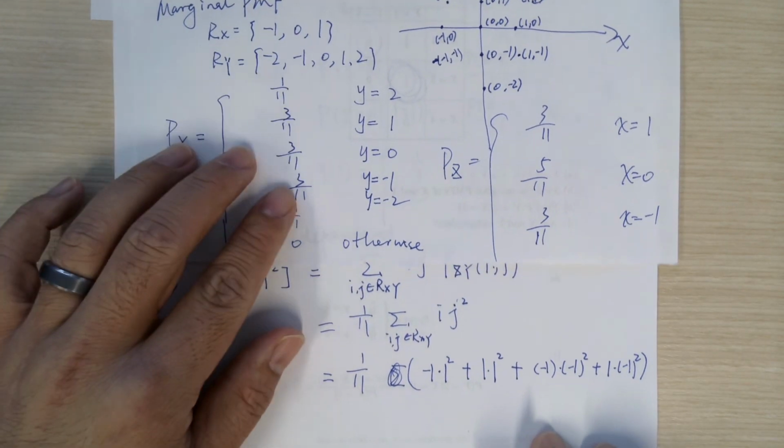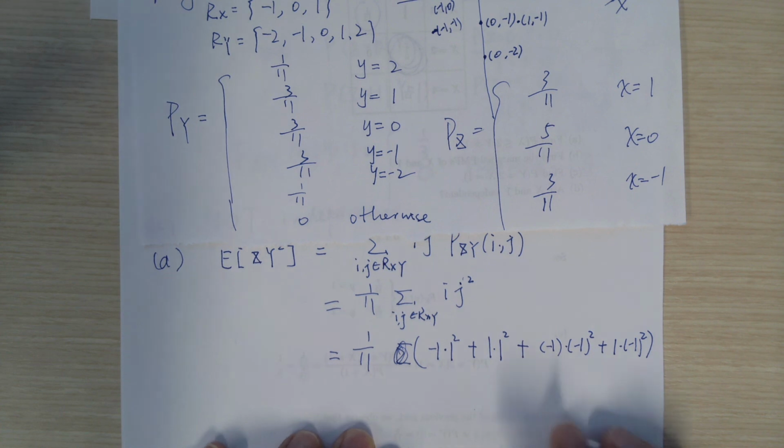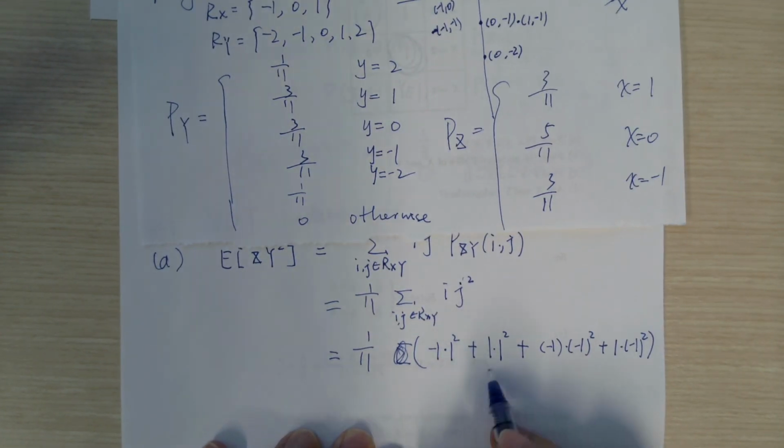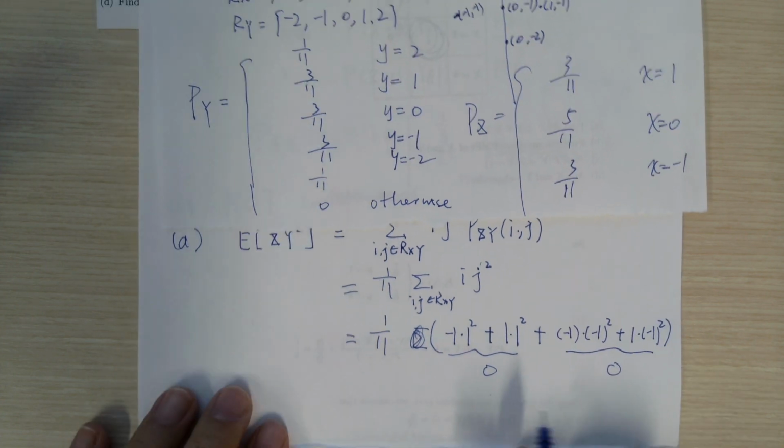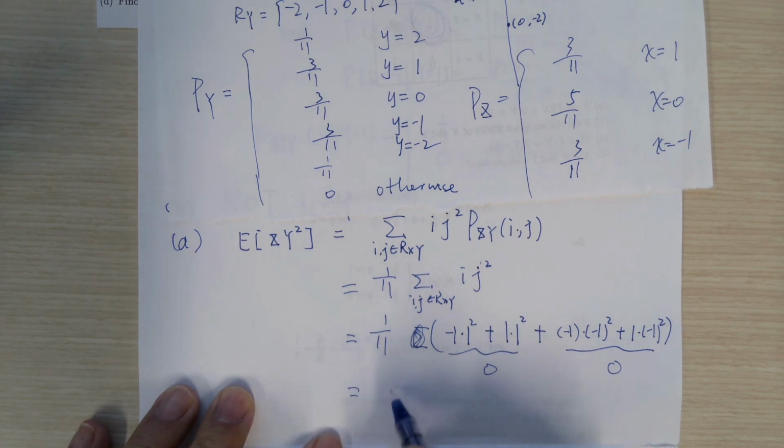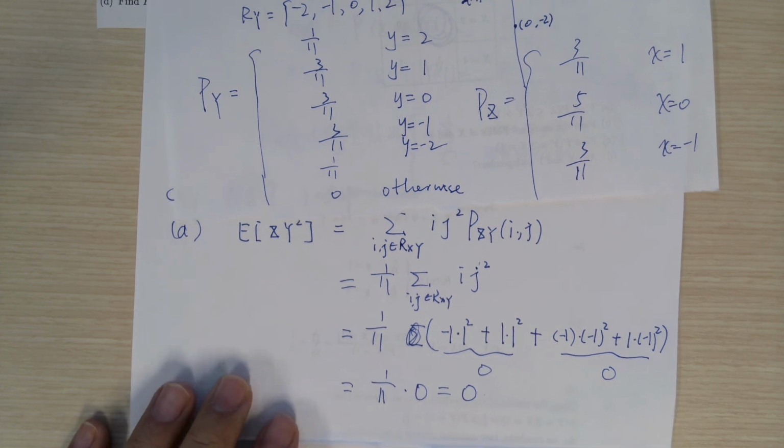Clearly, the sum of those two is 0, and the sum of those two is also 0. So the expectation is 1/11 times 0, which gives us 0.